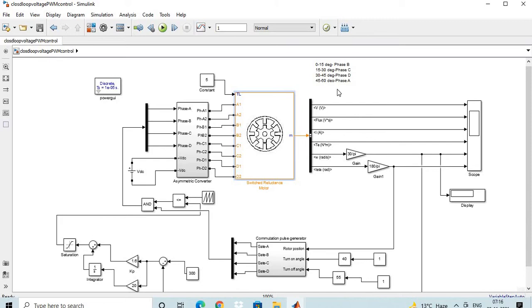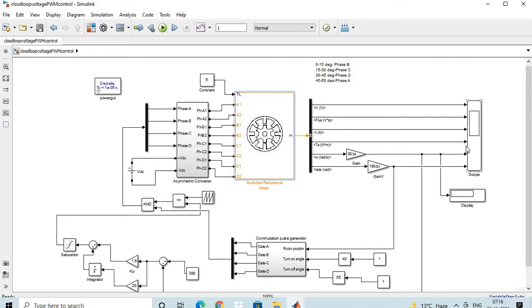So now we are going to study the closed loop speed control of this motor with the help of the voltage PWM control. In case of the switch reluctance motor, in the response we want to check various parameters.